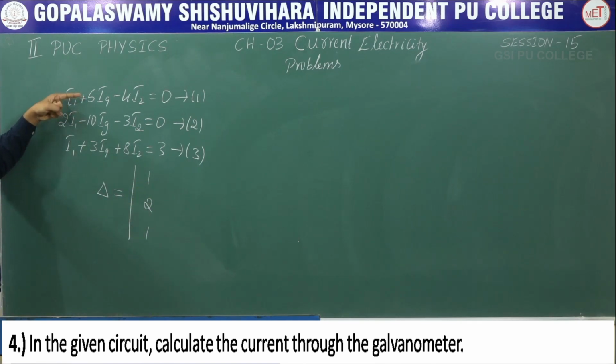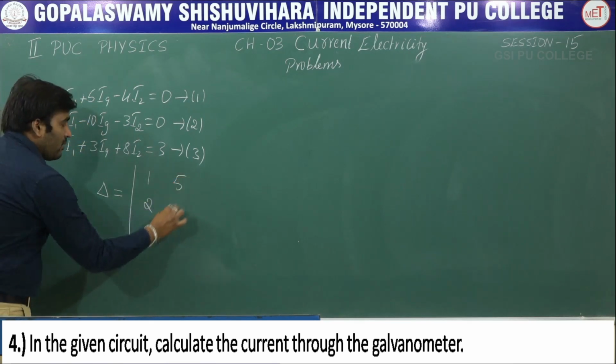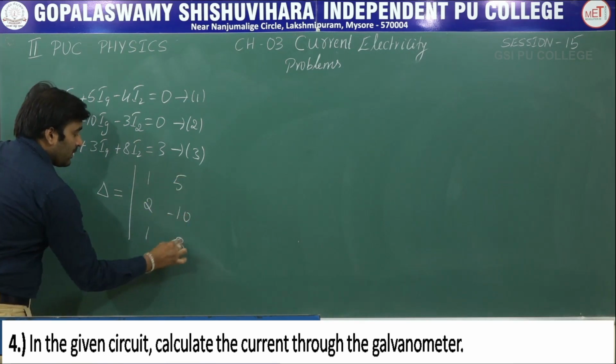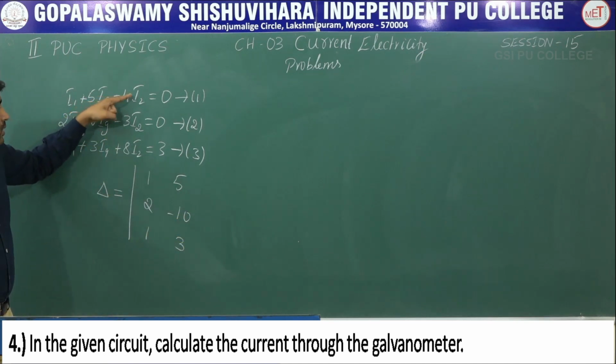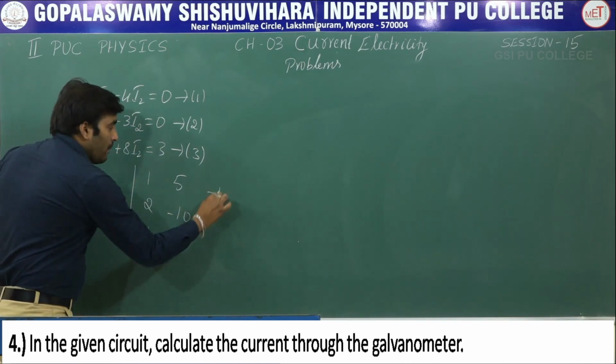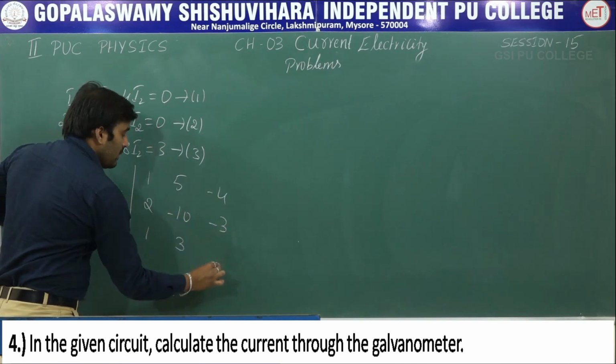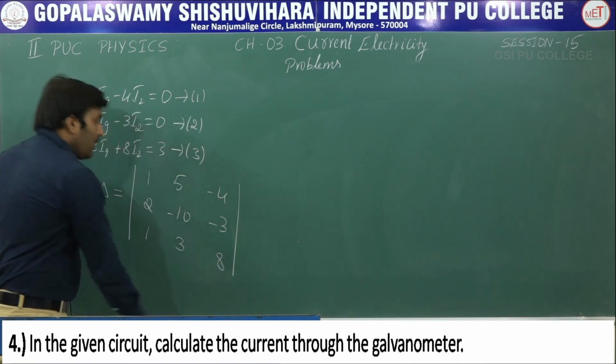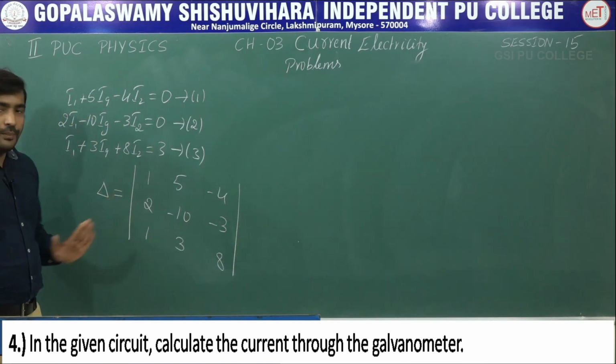Next, this is 5, minus 10, 3. Next, the coefficients of I2 are the third column: minus 4, minus 3, plus 8. Now, we should solve this determinant.